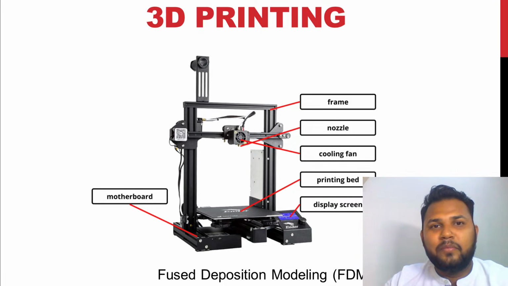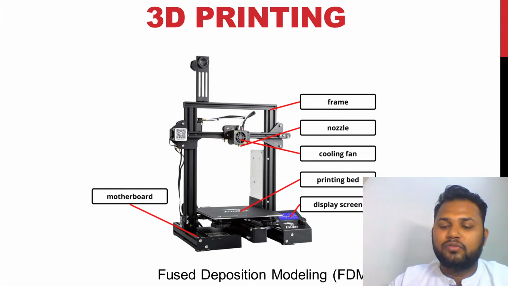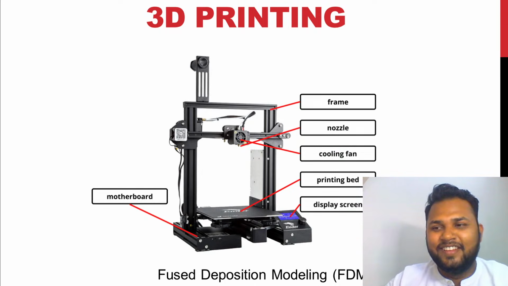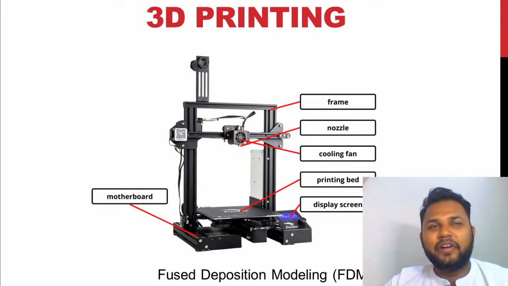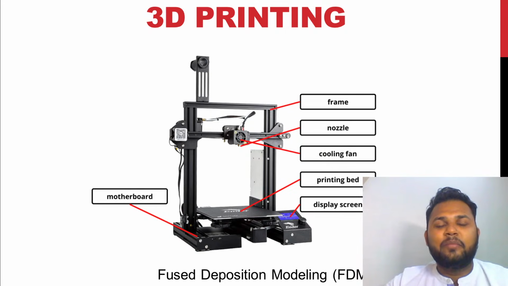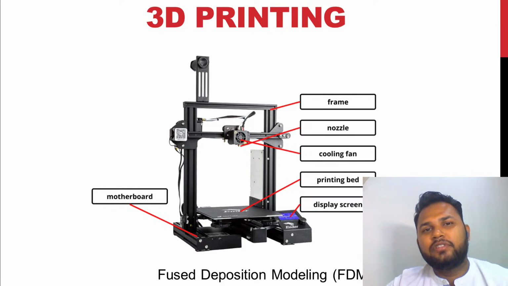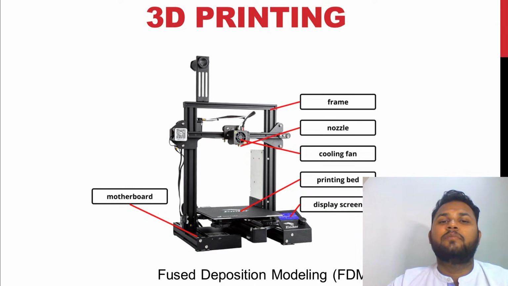Great. I think I am in a session with lots of smart kids. So this is the 3D printer which is called FDM, fused deposition modeling. Why is it called fused deposition modeling?